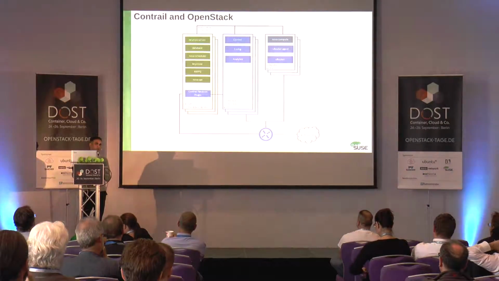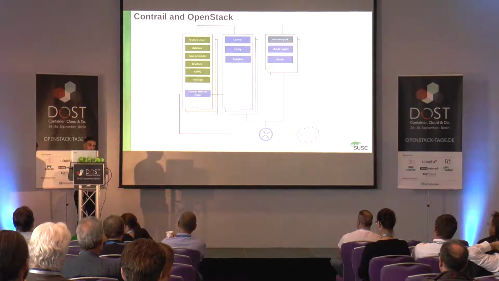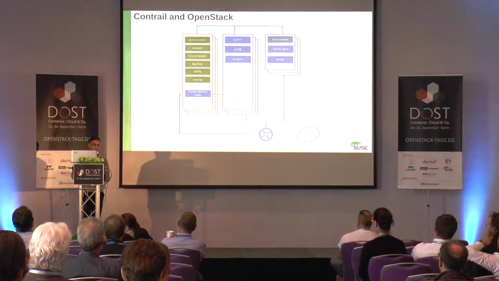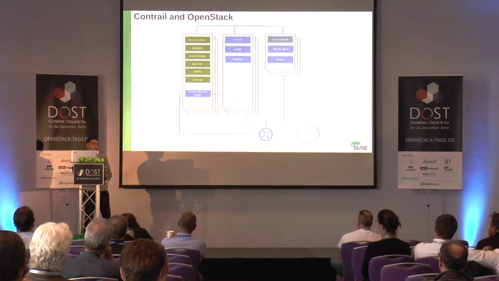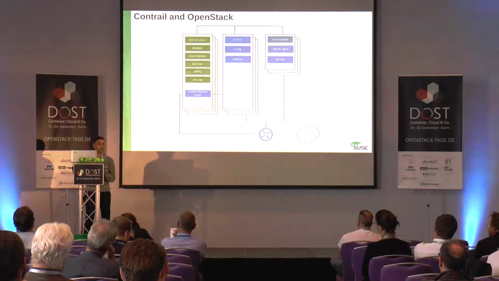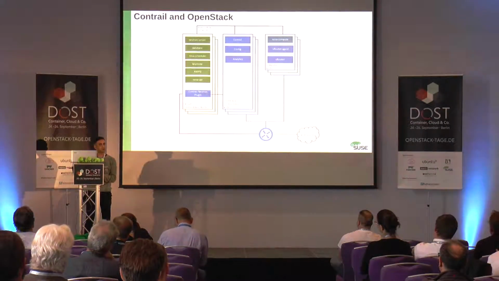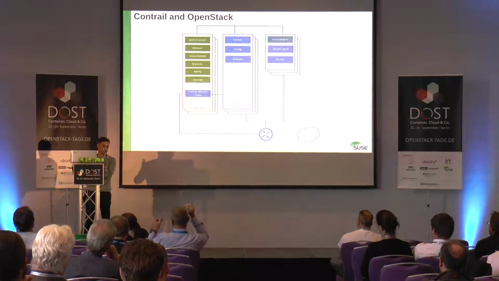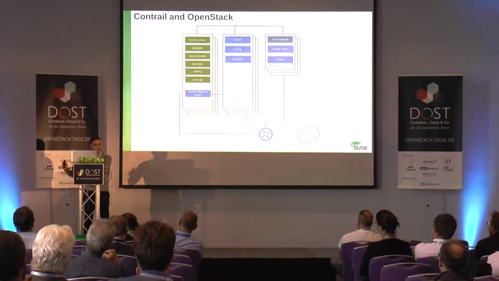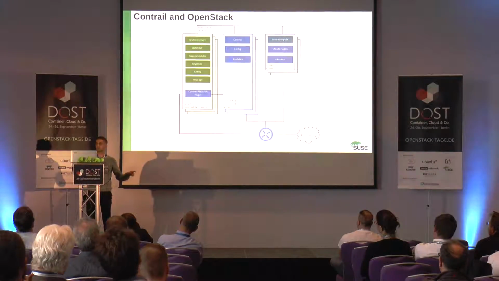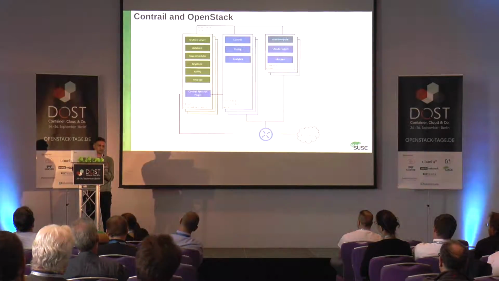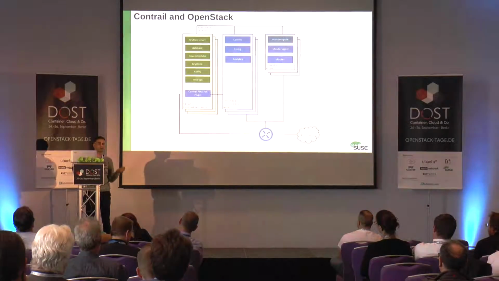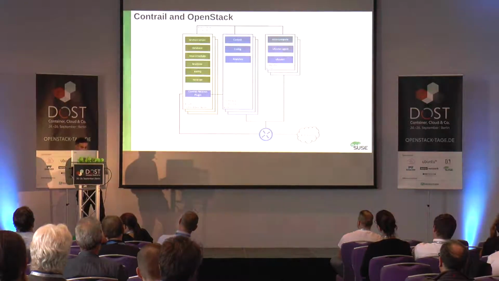Well, for that you need a Neutron plugin, a Contrail Neutron plugin. Anytime you run a Neutron command or you call an API, that request is forwarded to the external controller. The external controller decides what to do and then configures the data plane component on each compute node. And that is how Contrail works compared to Neutron and ML2.